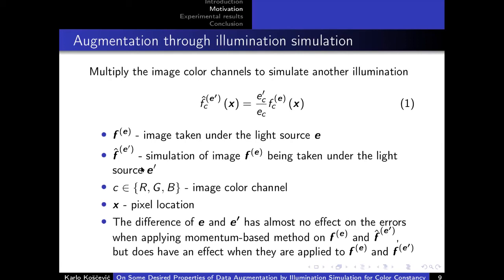We do that as follows: for each color channel, we divide the pixels by the corresponding component of the original light source, and then multiply them by the target light source. That corresponds to the chromatic adaptation model, which I described at the beginning of the presentation.